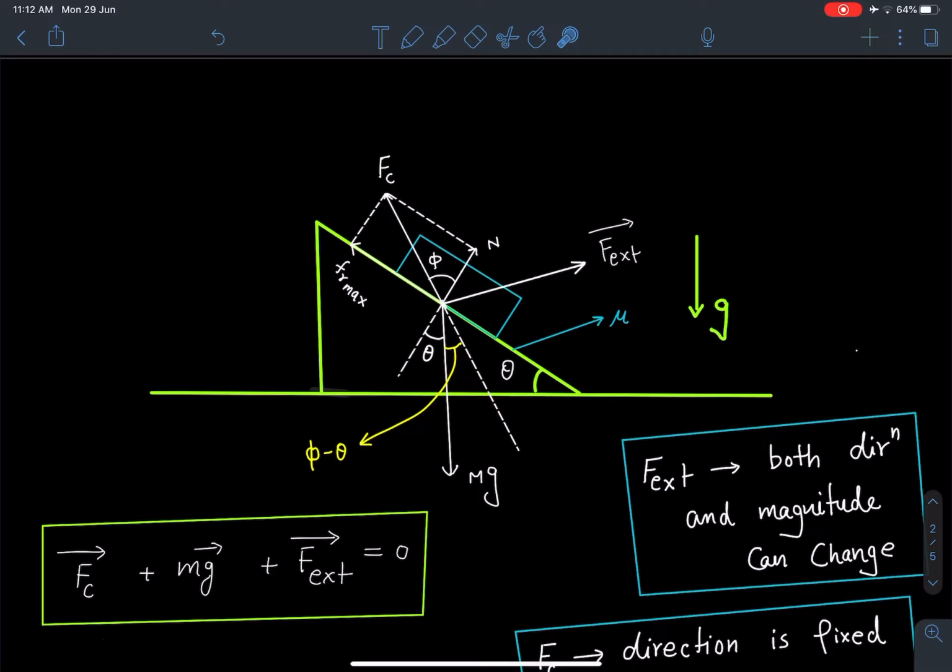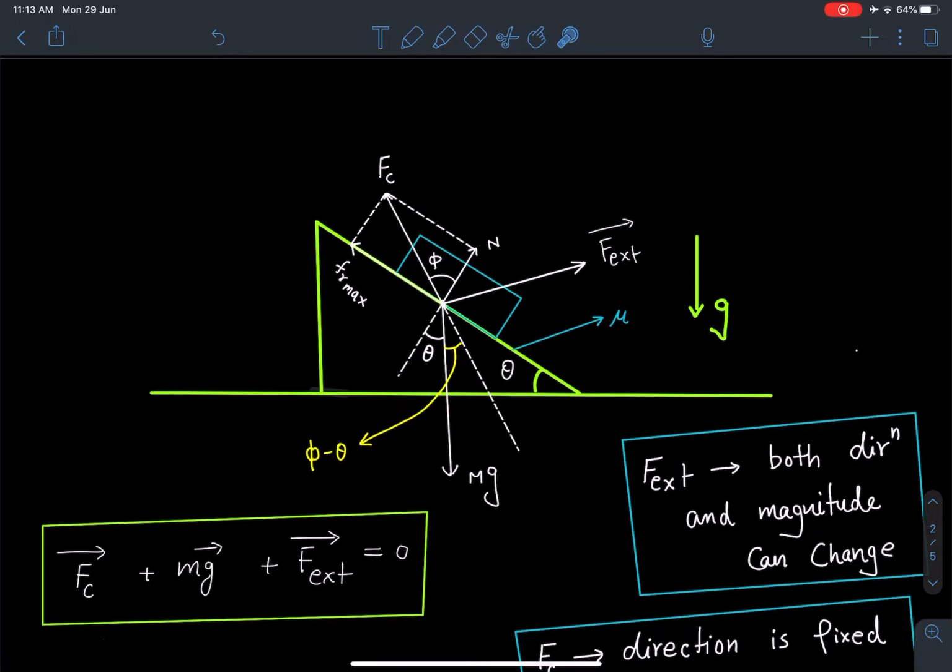Okay, so let's modify this diagram slightly. Instead of dealing with the normal reaction and maximum friction separately, I'll be replacing them with a force Fc. So Fc, F external and this weight mg, these forces will be aligned in such a way that the net force on the block will be 0. Here you can see this F external can change in direction as well as magnitude.